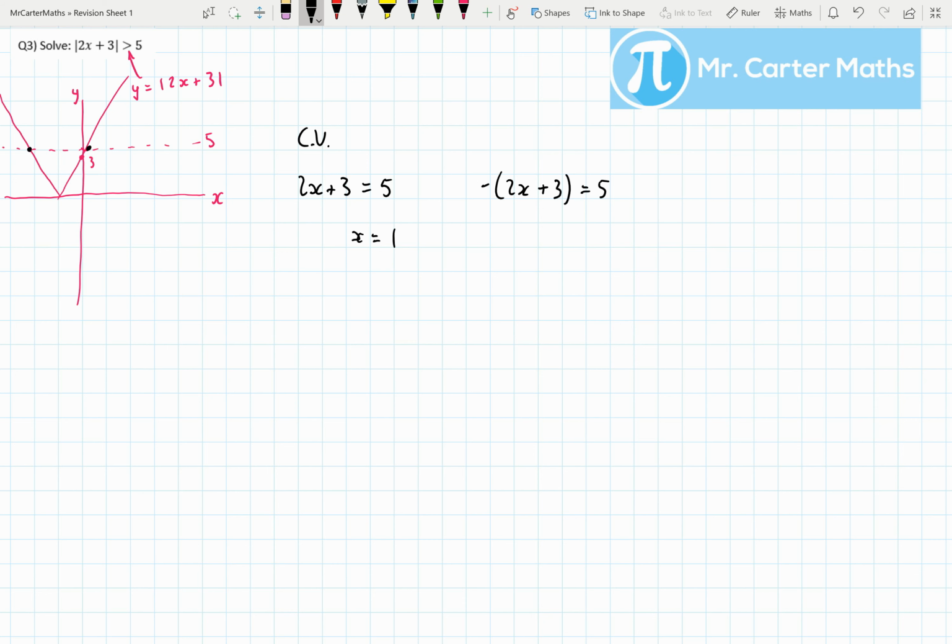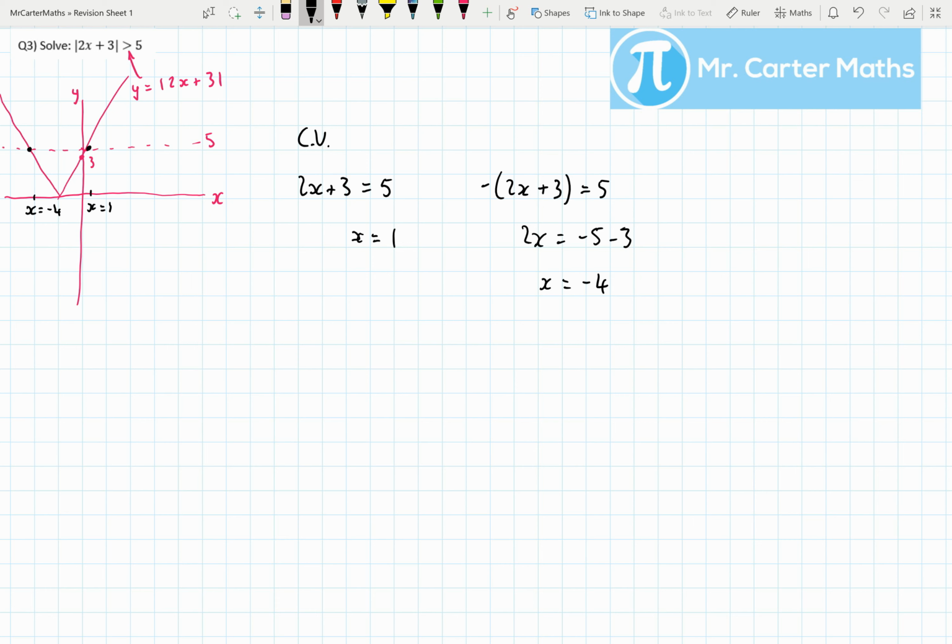This one, 2x equals minus 5 minus 3. Okay, just dividing by minus 1 and moving my 3 across. x equals minus 4. So that kind of tells me these two values: x equals minus 4 and x equals 1.